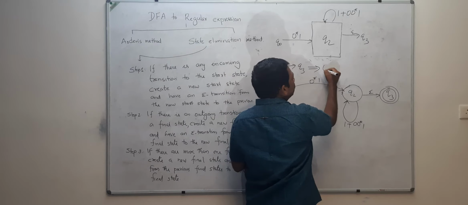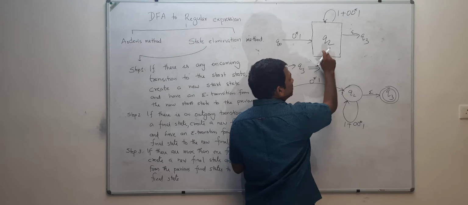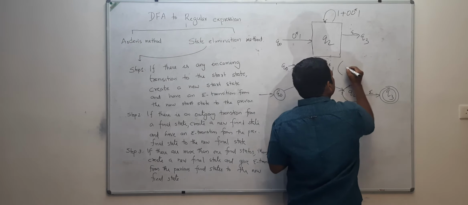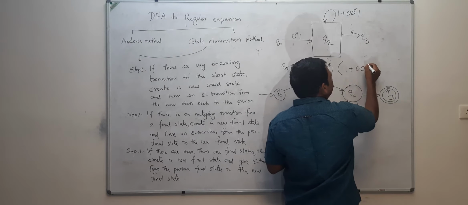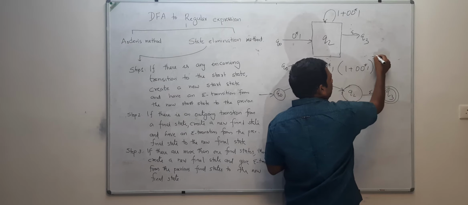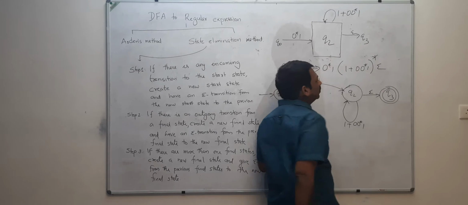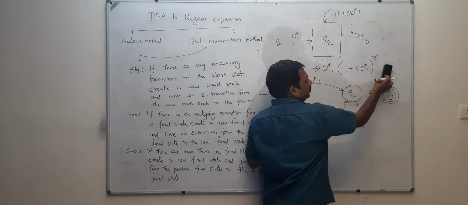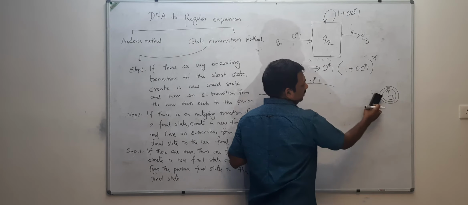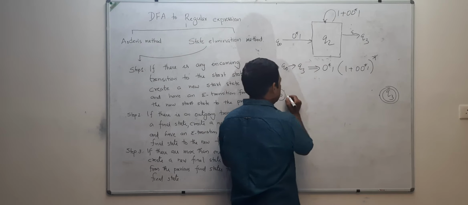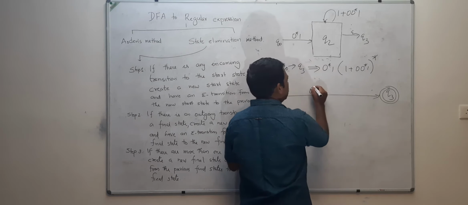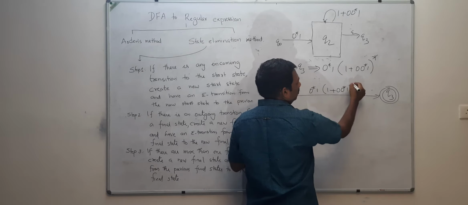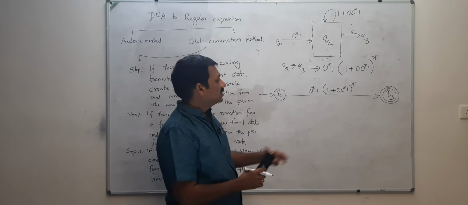On accepting 0 star 1, it reaches this place, and for staying here, we can repeat any number of times, star, followed by epsilon, and that epsilon you have to eliminate. So this is 0 star 1 followed by 1 or 0 star 1 whole star. So this is the regular expression.